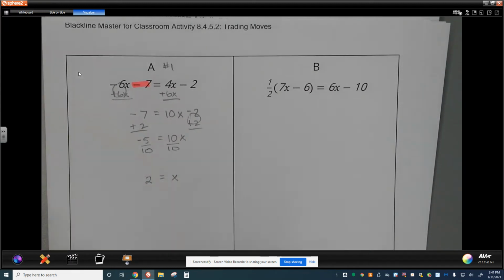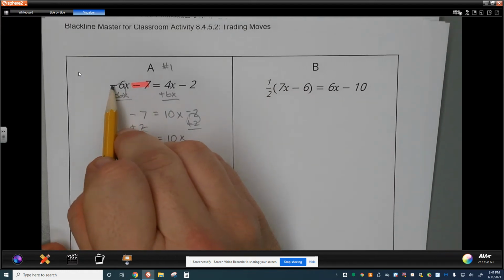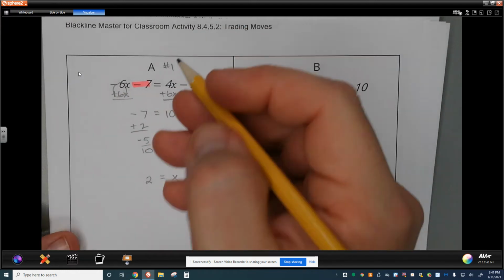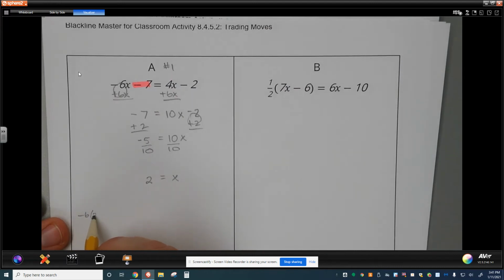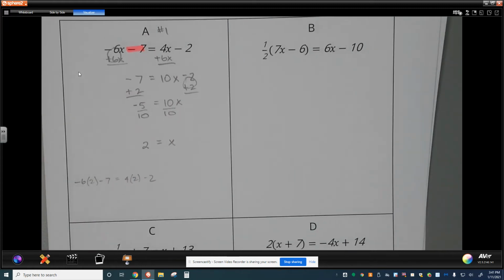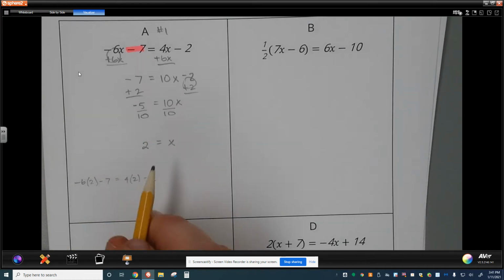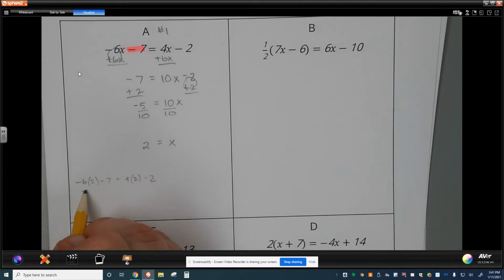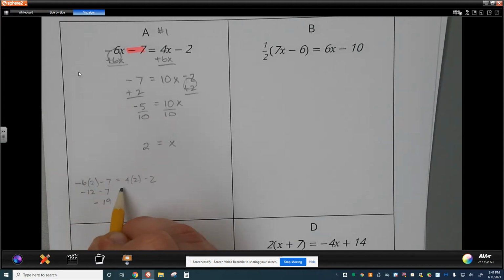Here's our problem. Watch this when we check it. -6 times 2 minus 7 is equal to 4 times 2 minus 2. Now, maybe you've already caught my mistake on here and why this is a problem, but I'm telling you that this is how I know for a fact that I have the wrong answer. -12 minus 7 is -19.